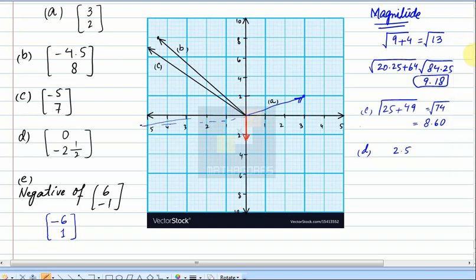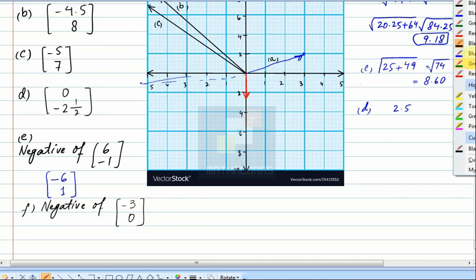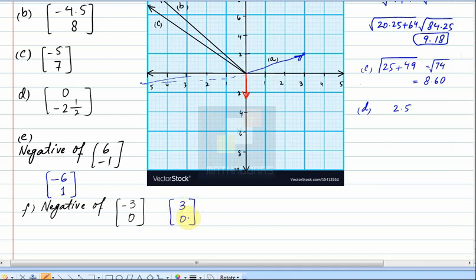After this part, the next part is negative of minus 3 and 0. So the negative of minus 3 and 0 is 3 and 0. Zero with a positive or negative sign does not matter.